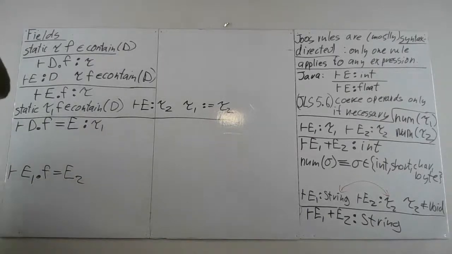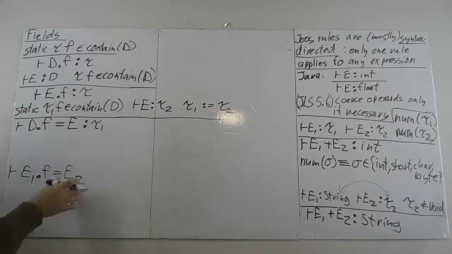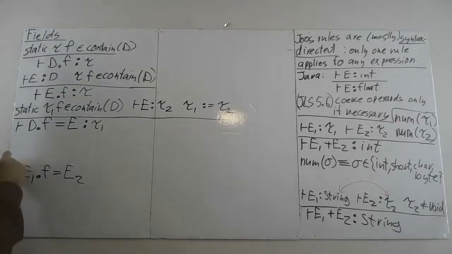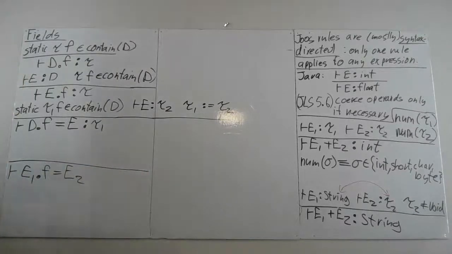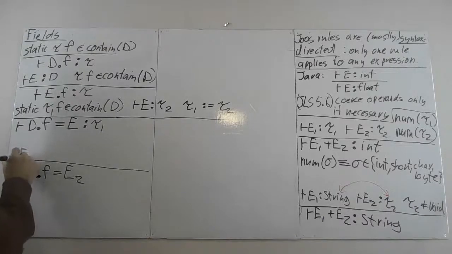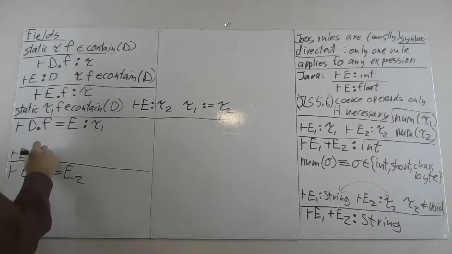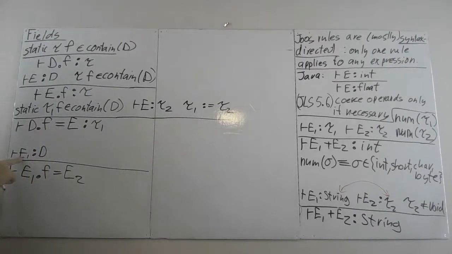And we have expression E2, which is what we evaluate to get the value to write to the field. So here we're going to type check both expressions. And once again, the expression E1 had better have a class type so that it can have a field.